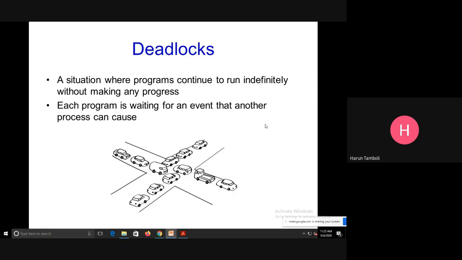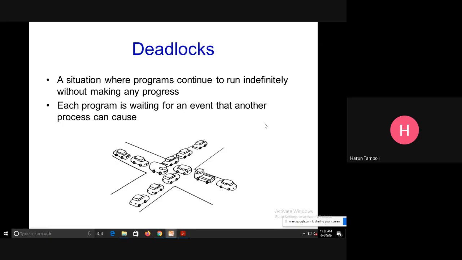I think you already know what a deadlock is. You can see all the vehicles are in a deadlock. No one can go in either direction. In the center you can see that all the vehicles block each other and no vehicle can go ahead of another.